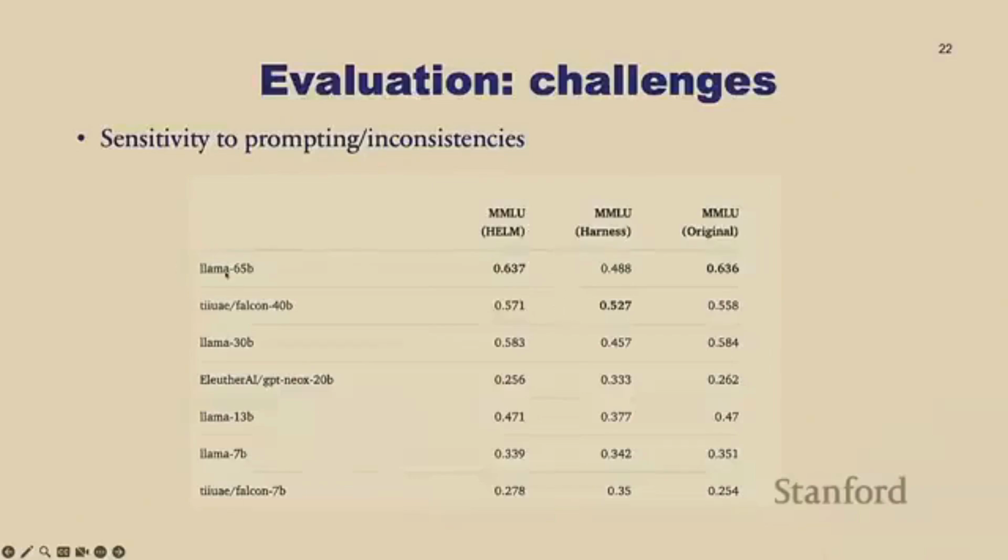For example, Llama 65B, which was the first model of Meta in the Llama series, had on Helm 63.7 accuracy, but on this other benchmark had like 48.8.